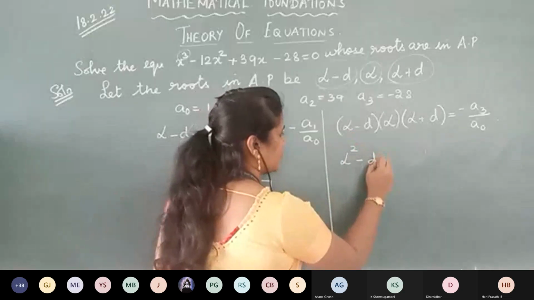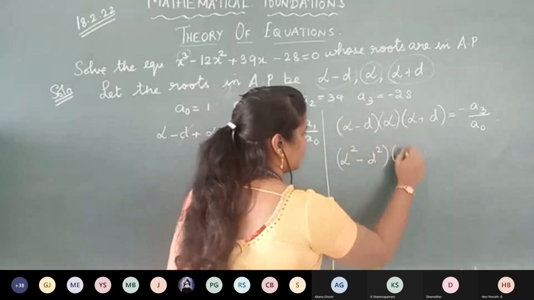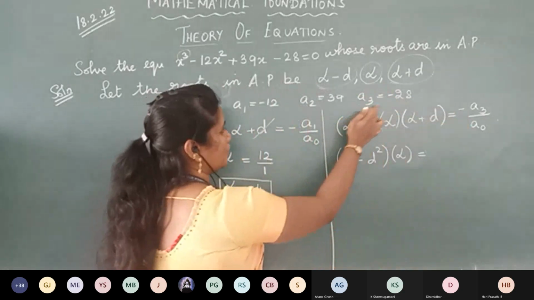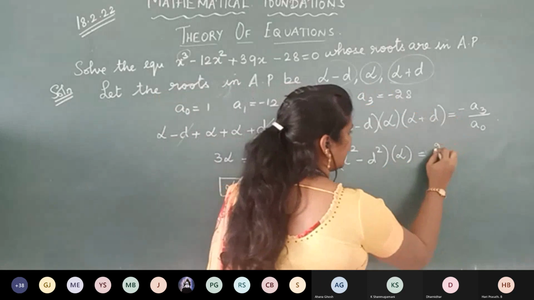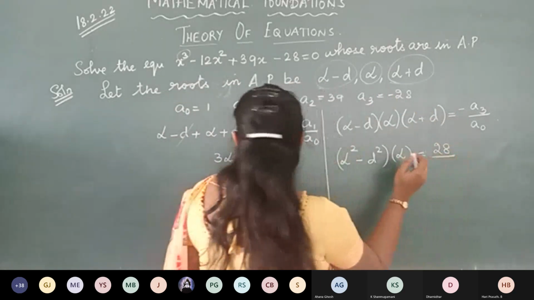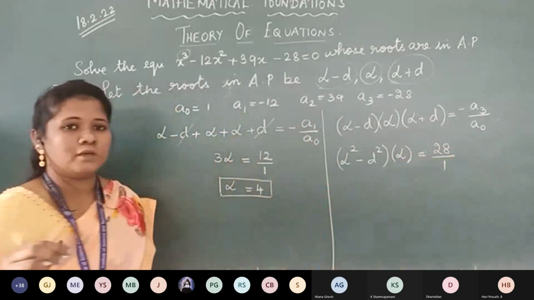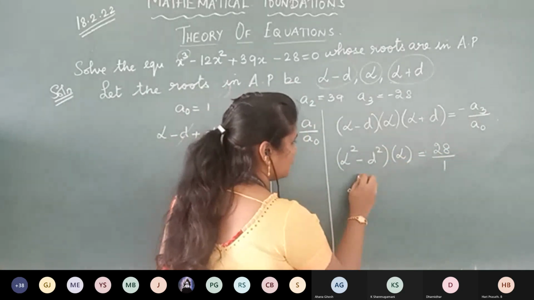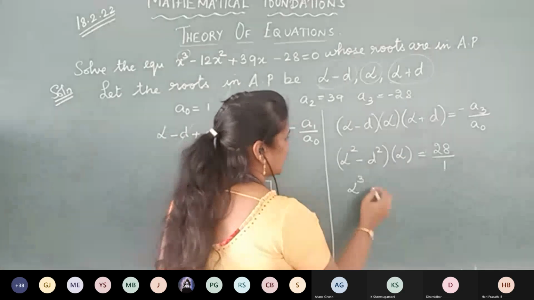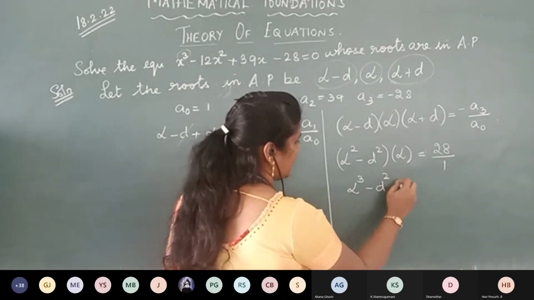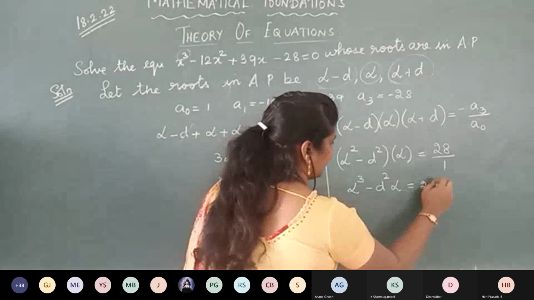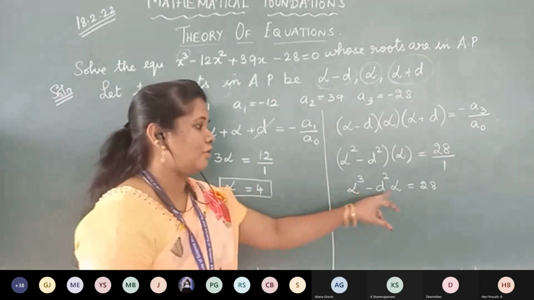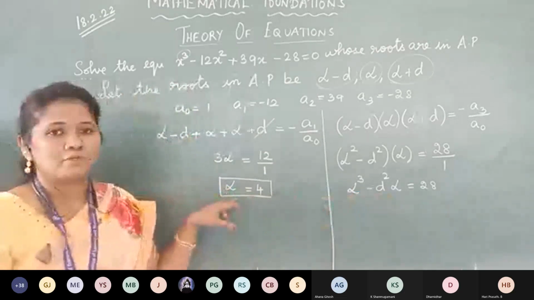So it will become alpha square minus d square into alpha. I will substitute a3, so minus into minus becomes 28 by a naught, which is 1. Now I'll multiply this alpha inside, so it will be alpha cube minus d square alpha, which is equal to 28. You know the value of alpha, you got it from here.